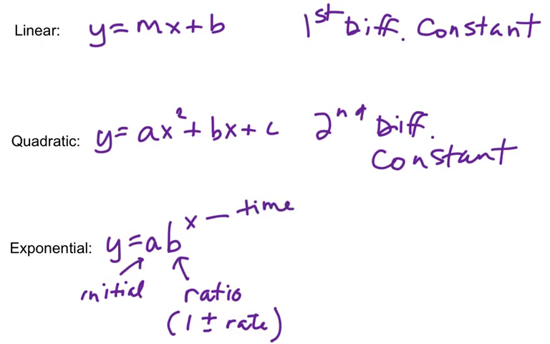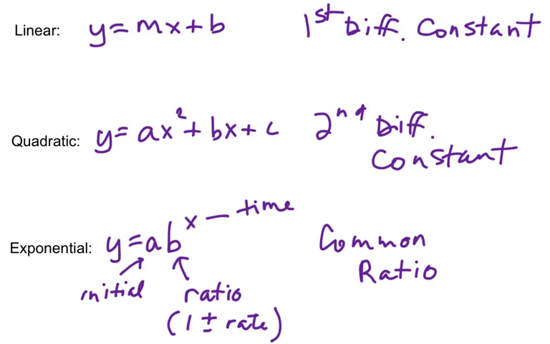And we know when we're looking at data that it's exponential if we find that there is a common ratio. In other words, if we multiply one of our y values by that common ratio, we will get the next y value.